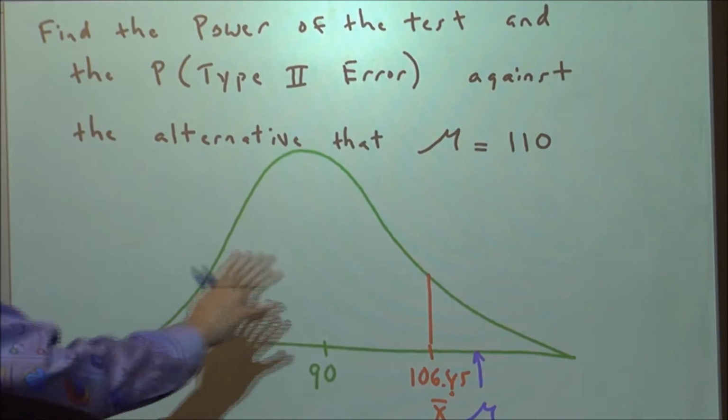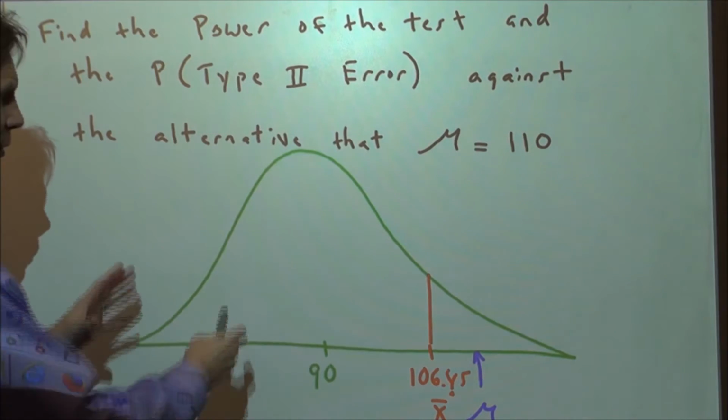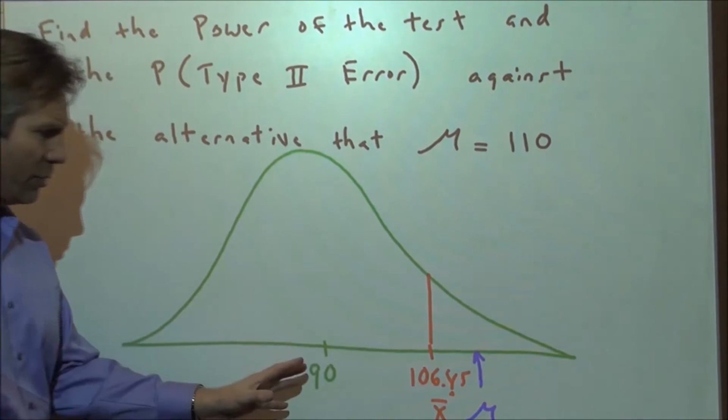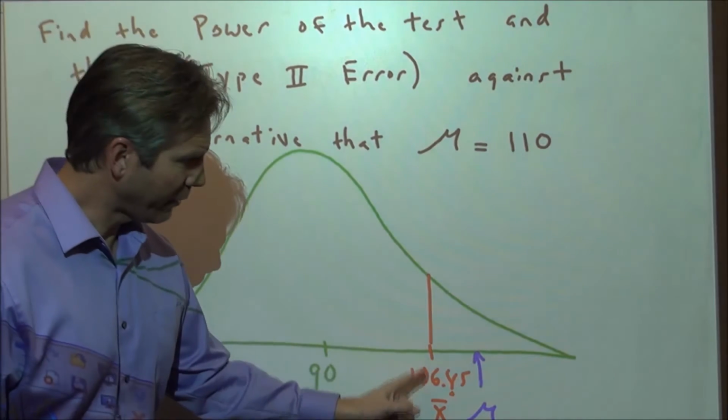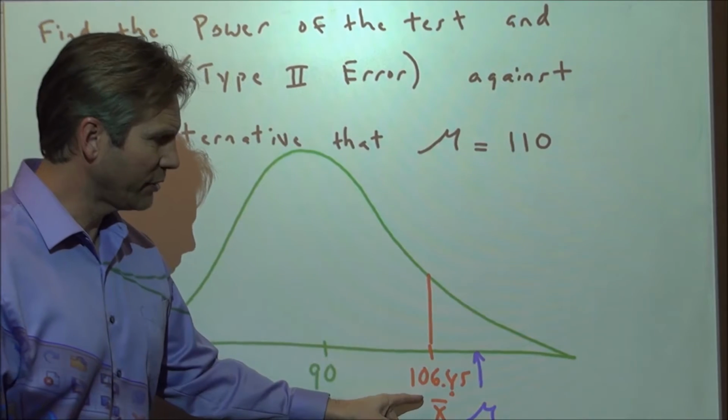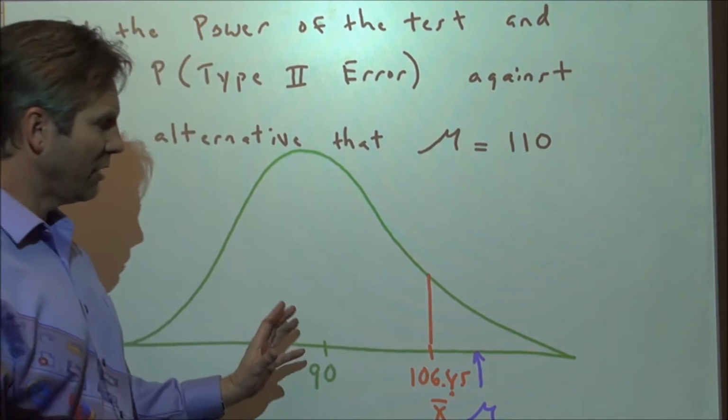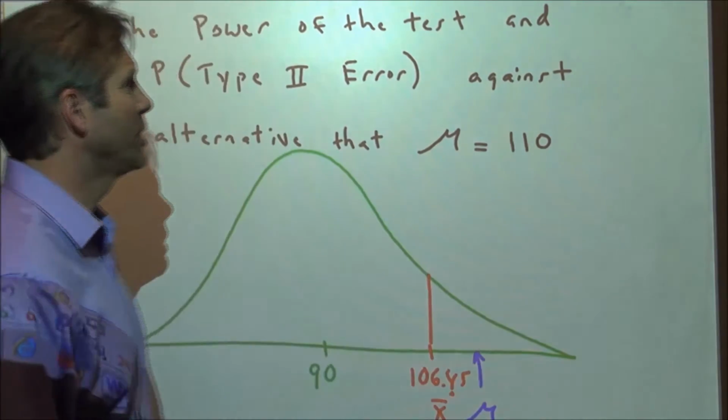So if we reconstruct this, if we draw our normal distribution where the null is true, there's where the critical region begins at 106.45 seconds. If we get a sample mean above that, we're going to reject the null.